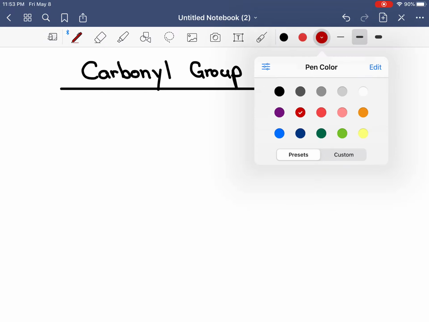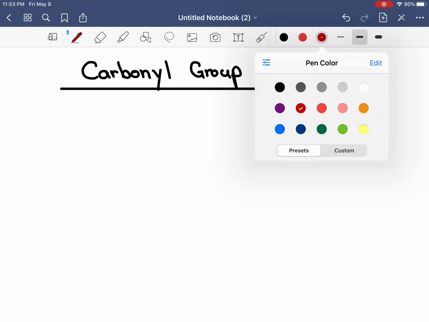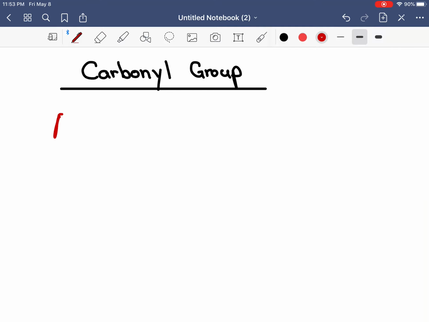The carbonyl group consists of 3 functional groups. Now, the 5th functional group that I'm going to be talking about, starting the next time I give you a video, is going to be called the aldehyde group.